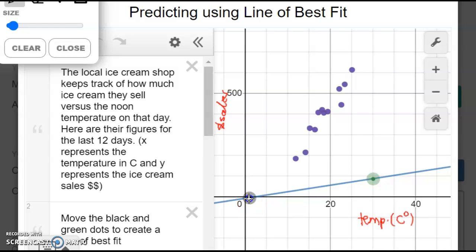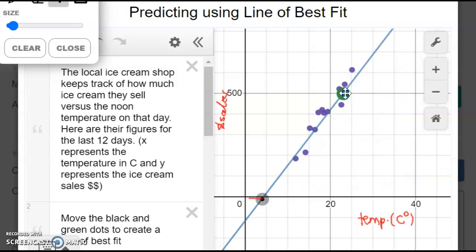So let's start by moving the line of best fit. Okay, so let's move that. Okay, so let's move this. Okay, so that looks pretty good. It needs to follow the trend and it needs to have approximately about the same number of points above and below. Let's go through as many points as possible. Let's see, how does this look?